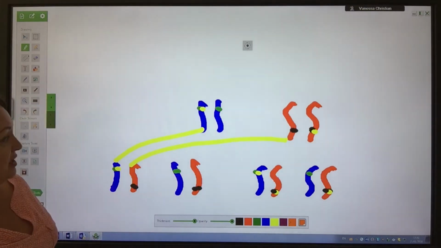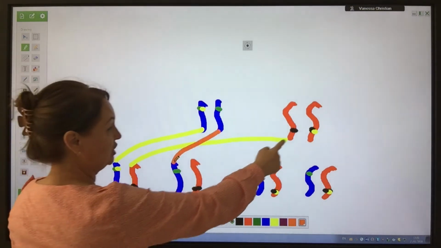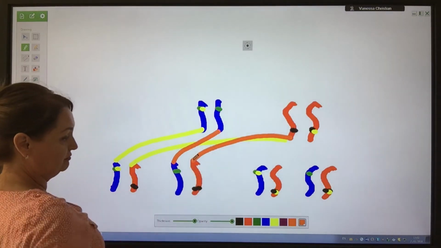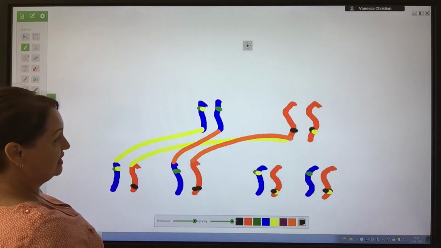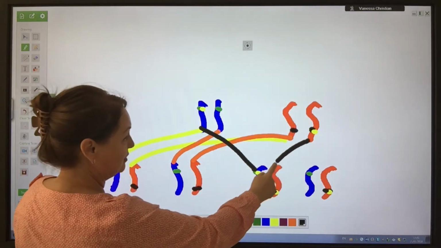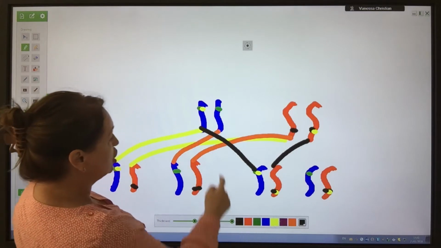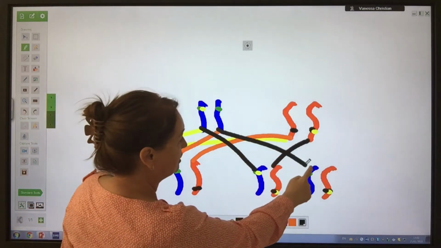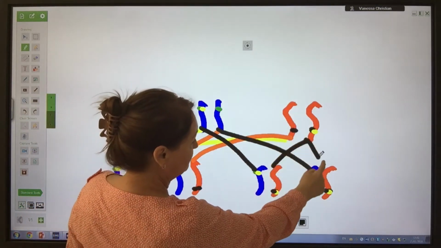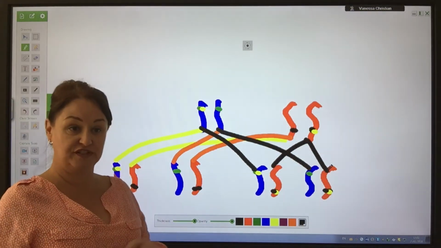So let's go to this one. This one could join with this one. Change colour again. This one could join with this one. And this one could join with this one. So they can combine in lots of different ways.